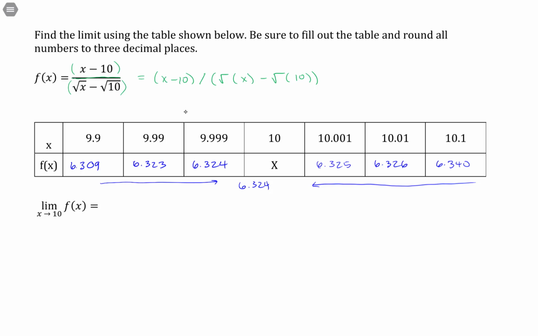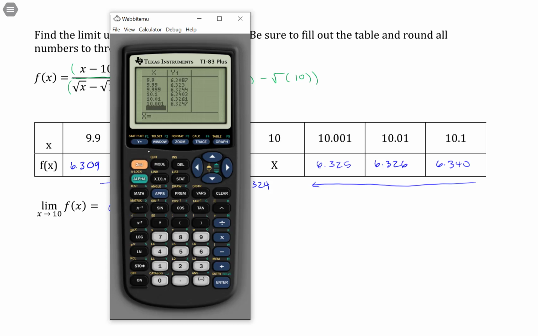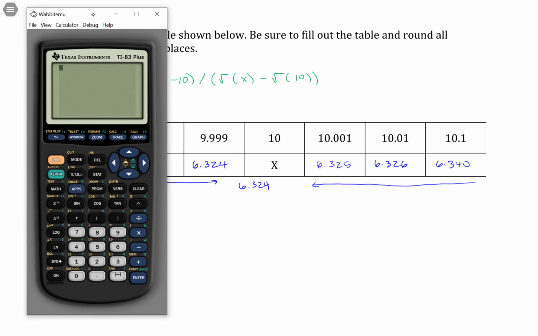So I think it's probably safe to say that this limit is approaching 6.325. And the reason I'm choosing 6.325 over 6.324 is because since they don't agree with one another, I'm taking the average of them.